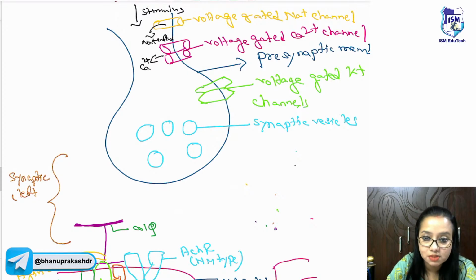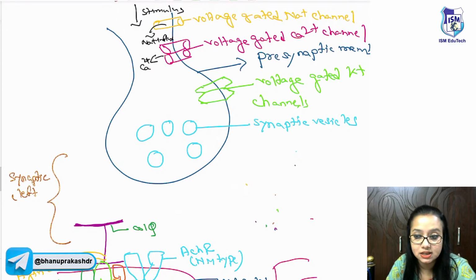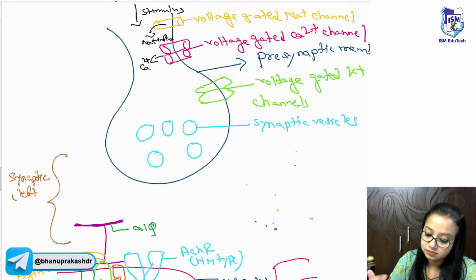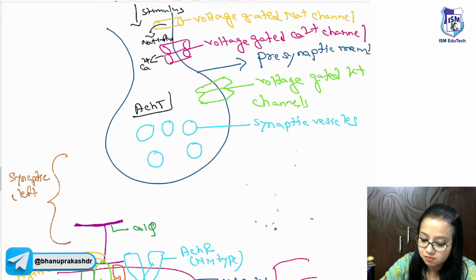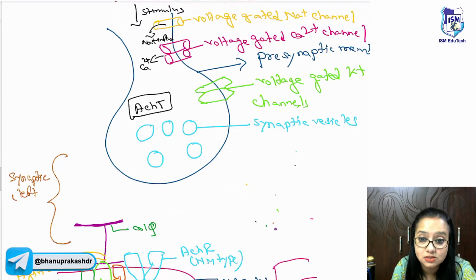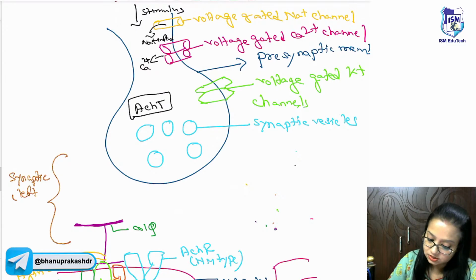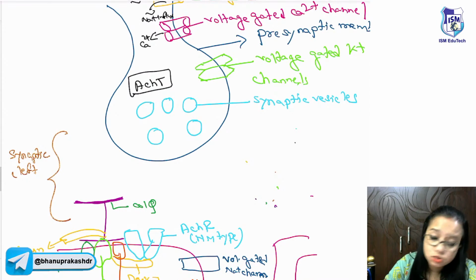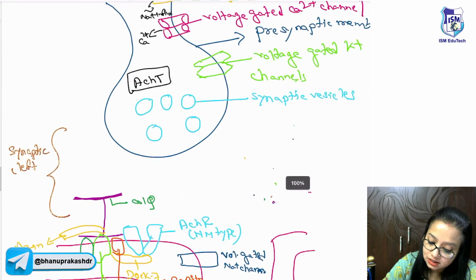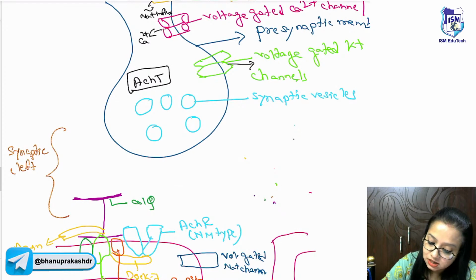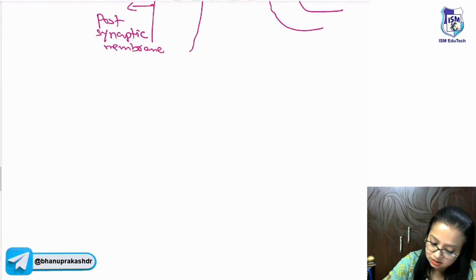So when the calcium enters, what will it do? Immediately it will start the acetylcholine formation with the help of choline acetyltransferase. How is this acetylcholine formed? We will see down. And as soon as the wave of depolarization is over, through the voltage gated potassium channel, potassium efflux happens.